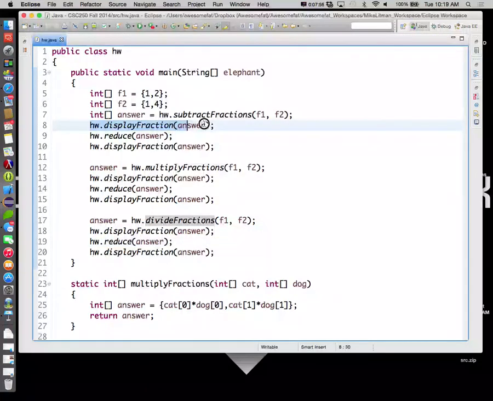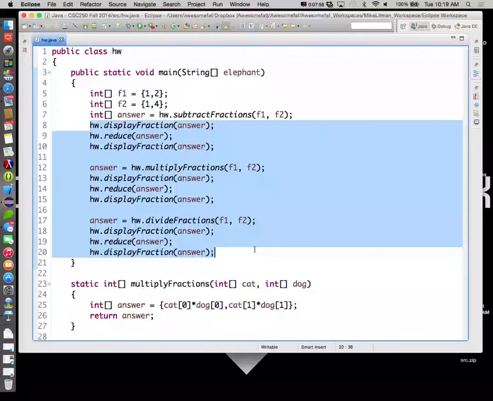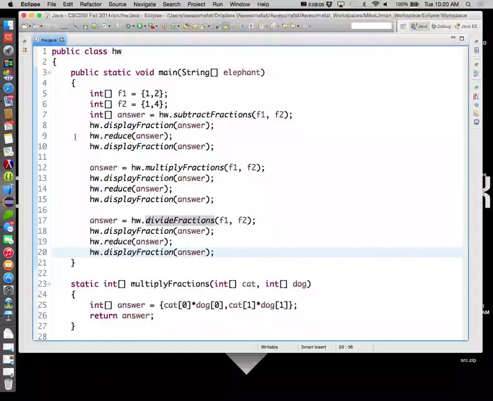Is that what you wanted to see? All of them printed out? Yeah, I just wanted to see how you stacked them like that because I actually ended up doing different integers for each method. So I had like answer 1, answer 2, answer 3, and just ran them through like that.